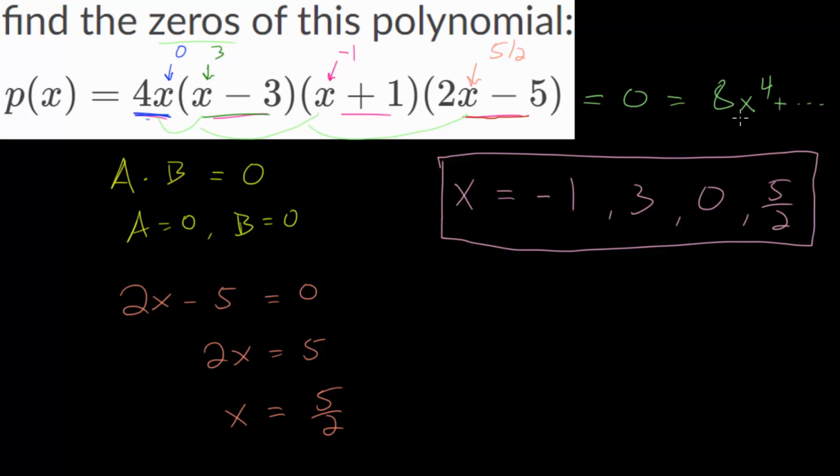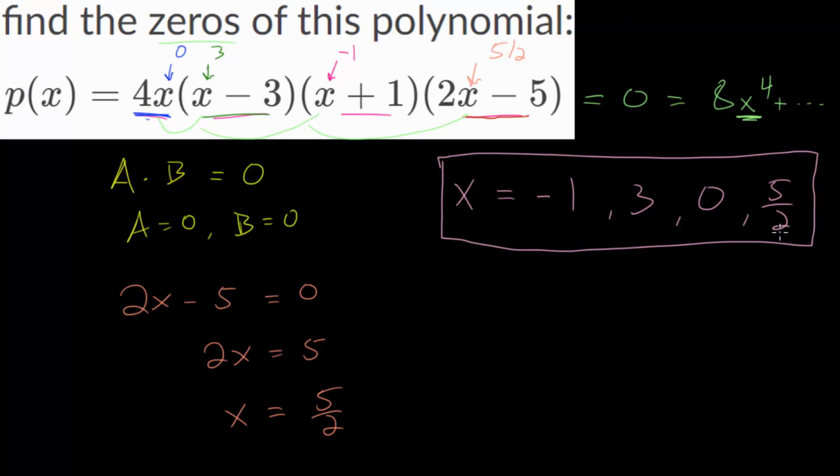But since the degree of this polynomial is 4, we know that we have at most 4 zeros for this polynomial.